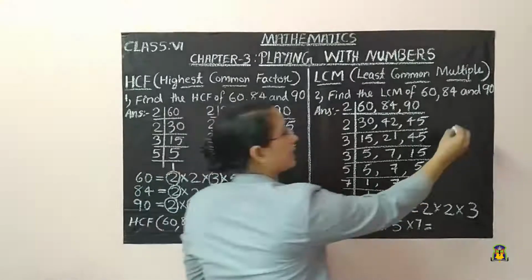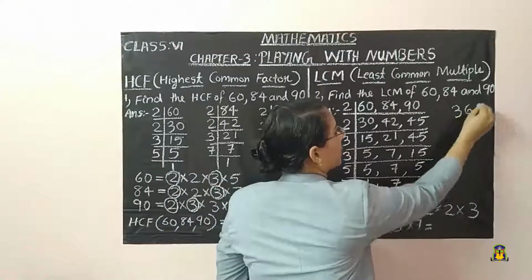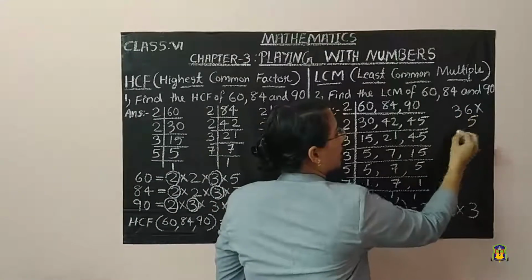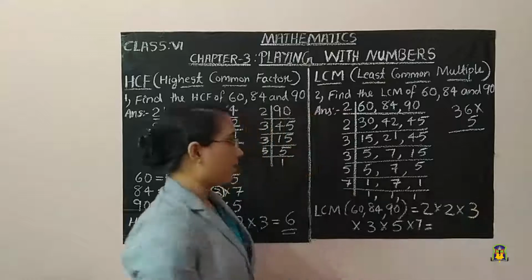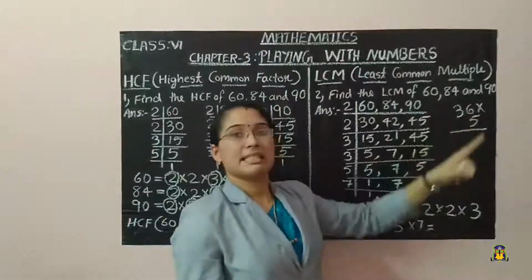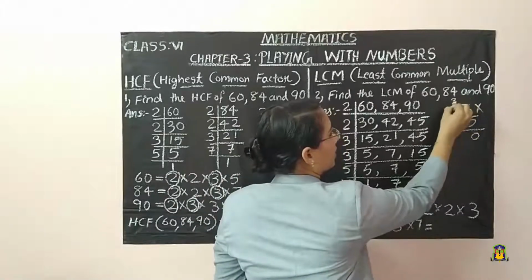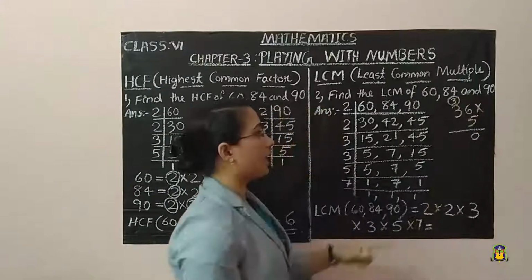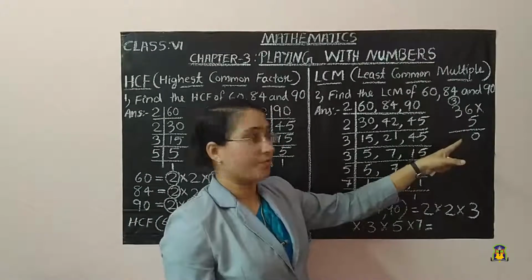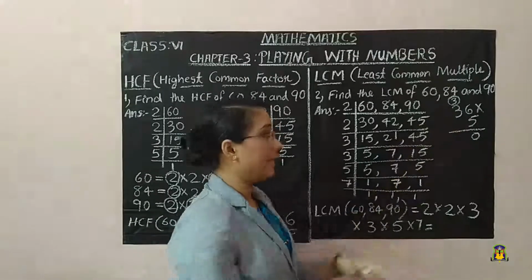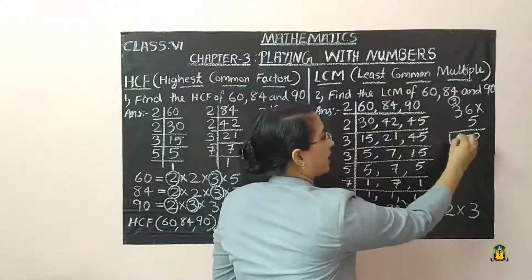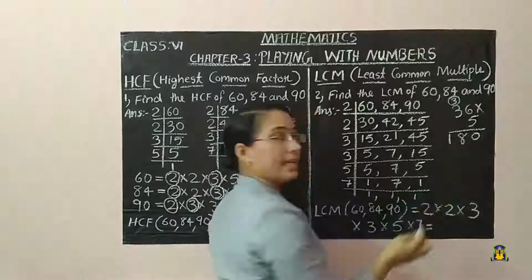After that, 36 into 5. If you have any confusion, you can multiply like this. 5 into 6 is 30, carry over 3. After that 3 fives are 15, 15 plus 3 is 18. So here we get the answer 180.